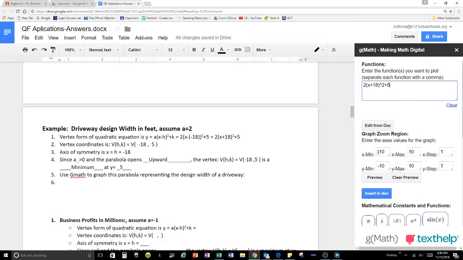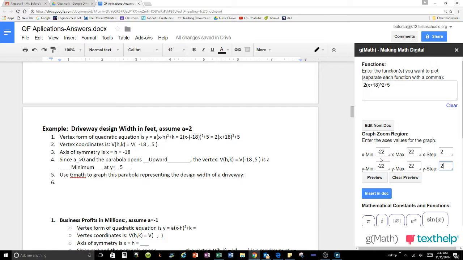Now for these graphs, we need a bigger range, a bigger area. So we're going to put in minus 22, hit the tab key, 22, hit the tab key, 2, hit the tab key, minus 22, hit the tab key, 22, hit the tab key, 2.